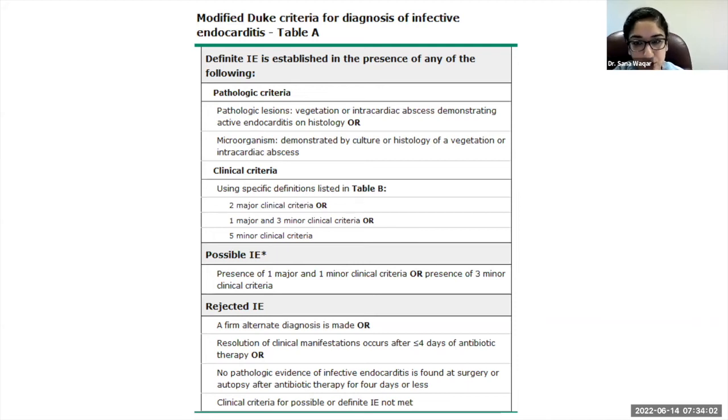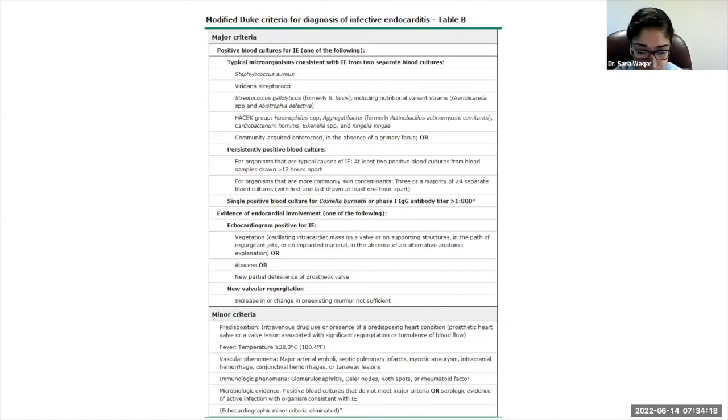So basically history plus lab work is what your go-to should be, and not starting them on broad spectrum antibiotics. But if they are sick, showing signs of sepsis, then by all means go ahead and start broad spectrum empiric therapy. And this is just the Duke criteria again, and you can have these slides on hand to help at the bedside to make a diagnosis.